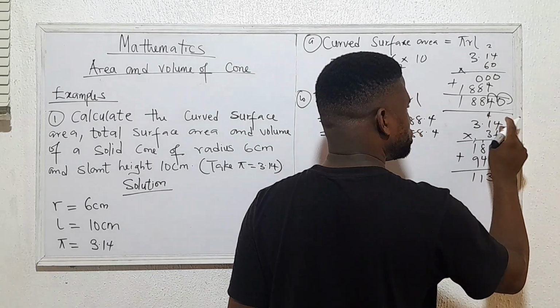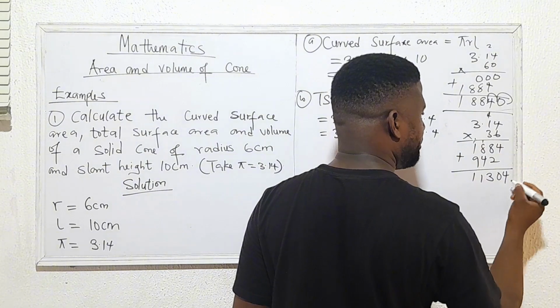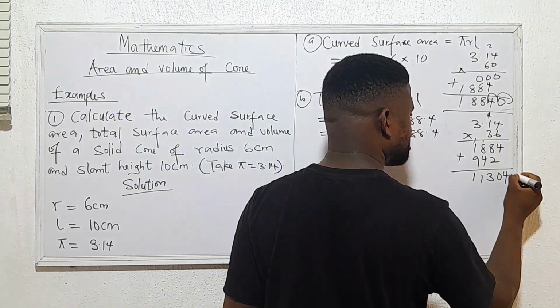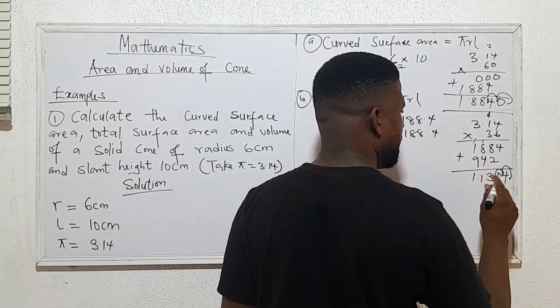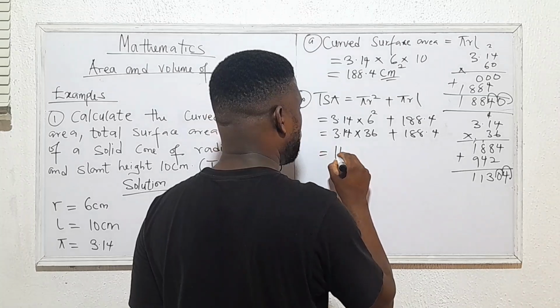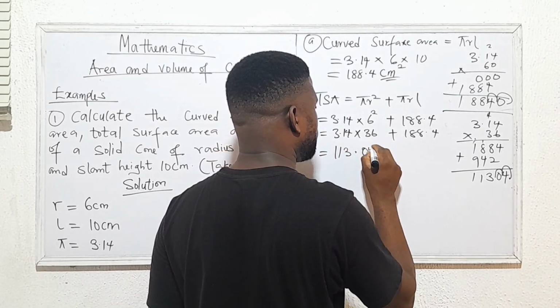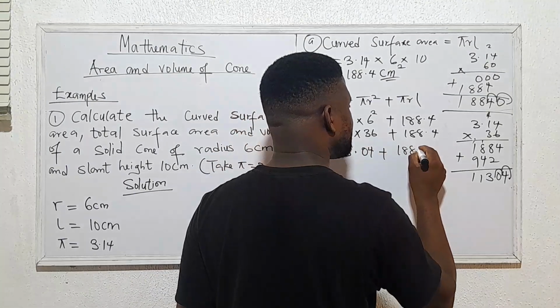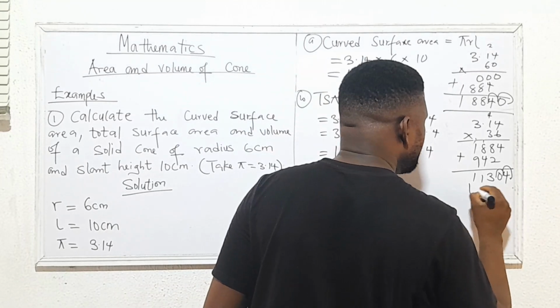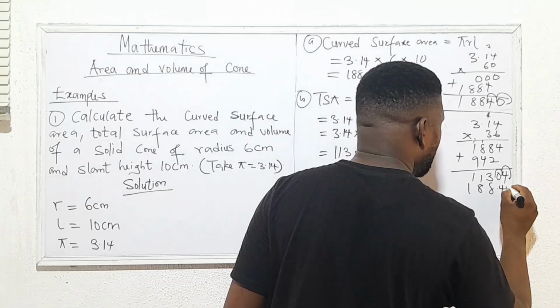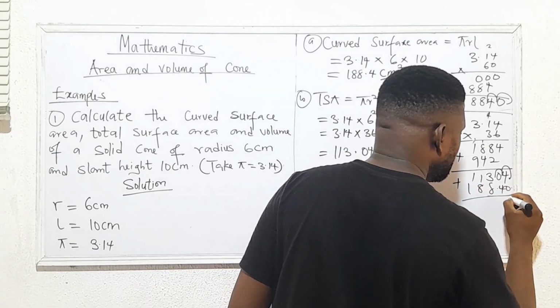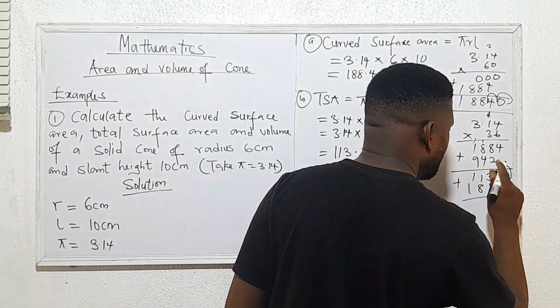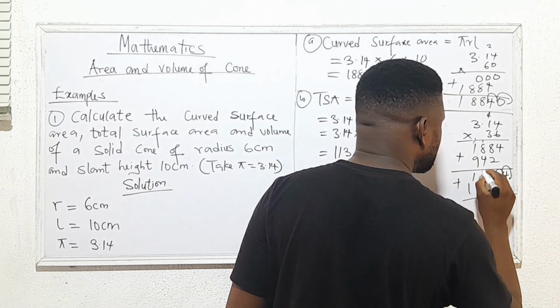Now we have two numbers after the decimal point. So we have to move our decimal point backward 2 times. And that gives us 113.04 plus 188.4. If you sum it together, 0.4, we have 4, 0 plus 4, 4. 3 plus 8 is 11, 1 carry 1.